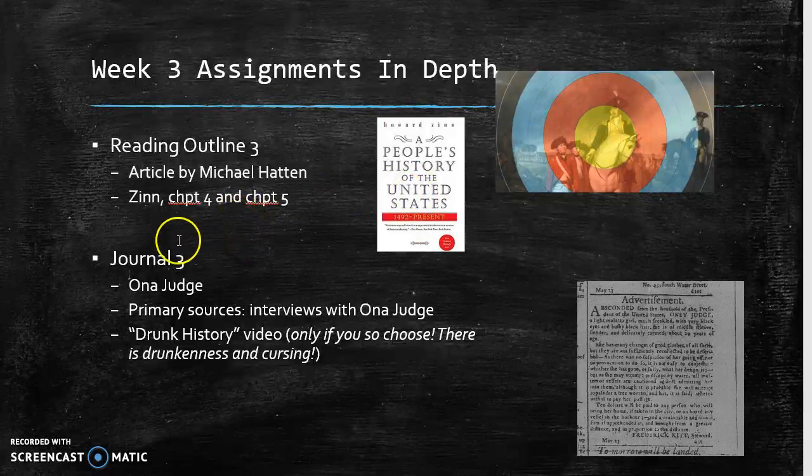For the Journal 3, that's all about Ona Judge, who was actually a slave who belonged to Martha Washington, George Washington's wife, and she ended up escaping. So you're going to read a little introductory information about her. You're going to read a couple of primary sources, which are interviews with Ona Judge.